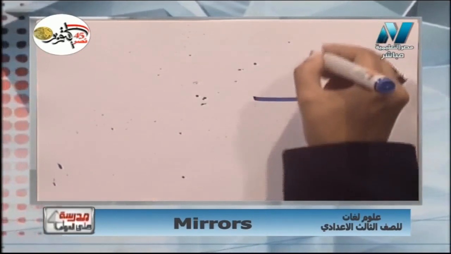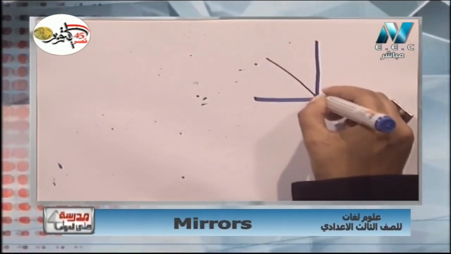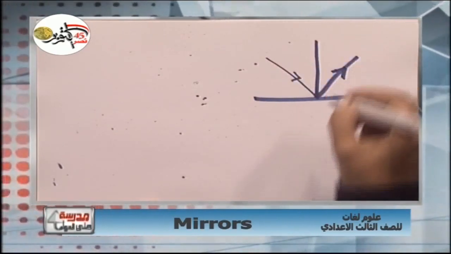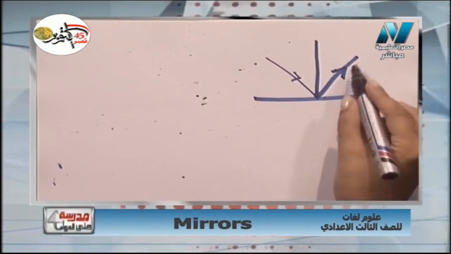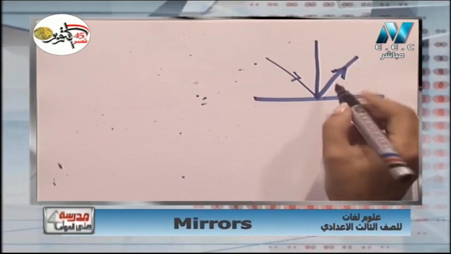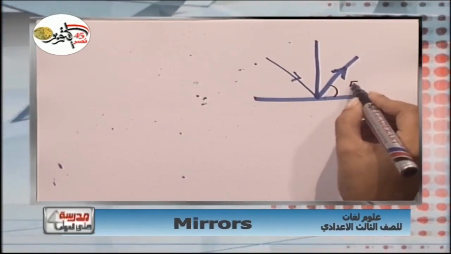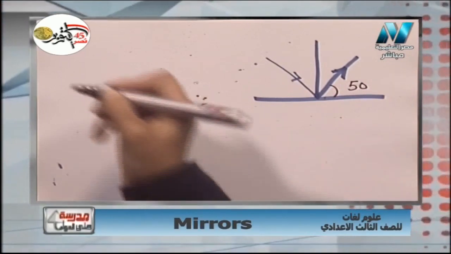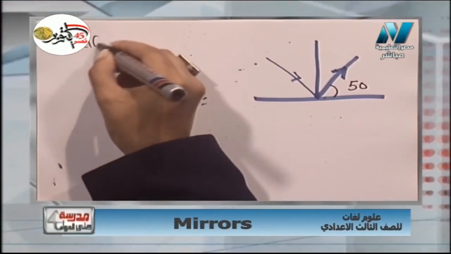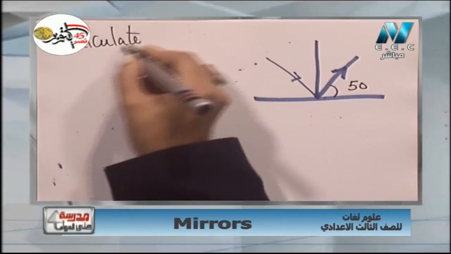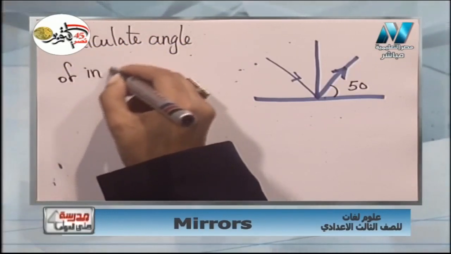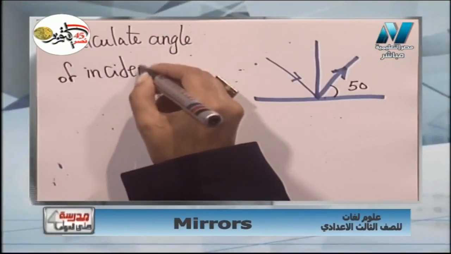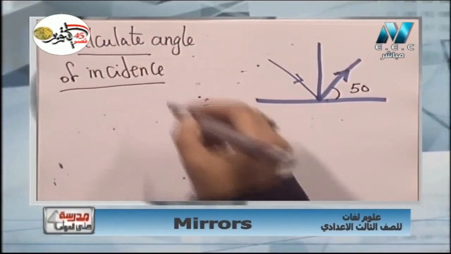Okay, so we are going to have a problem right now. This is a diagram. In this diagram, the angle between the reflected ray and the normal, this one, is equal to 50. Calculate the angle of incidence.